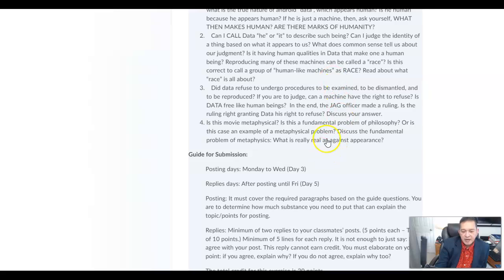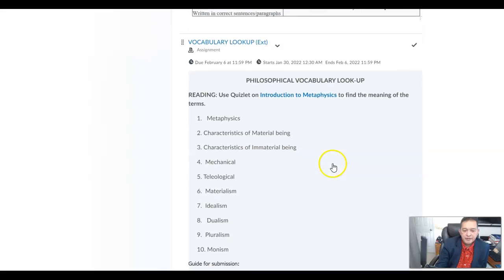Okay, and then your replies must be done before day 5. Why? Because you have a lot of things to do yet. You still have vocabulary, you still have journal ideas, and you still have the quiz. So prioritize the discussion first, the first 3 days, and then 5 days, and then devote your weekend to finish everything.